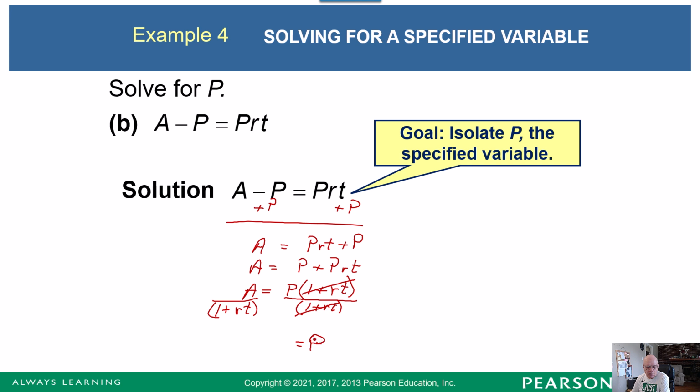Make that P look a little better. And on the left side, A on the top, and on the bottom 1 plus RT. Remember, amount is the future value or the maturity value. R is the annual rate of interest, and T is the time in years, and P is the principal.